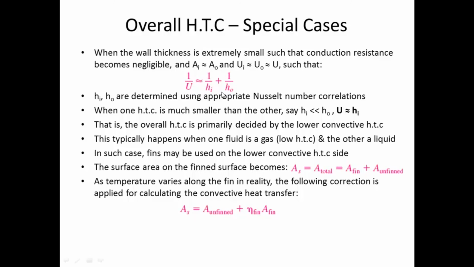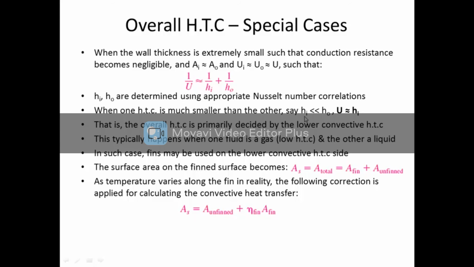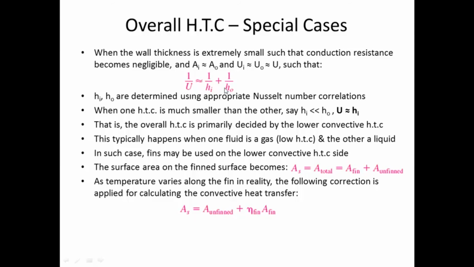Again, from this expression we can see that if one heat transfer coefficient is much smaller than the other, for instance assume that HI is much smaller than HO, then 1 by HI is going to be much greater than 1 by HO, and this part can be neglected, which means that the overall heat transfer coefficient will be approximately equal to HI, which is the smaller of the two heat transfer coefficients.